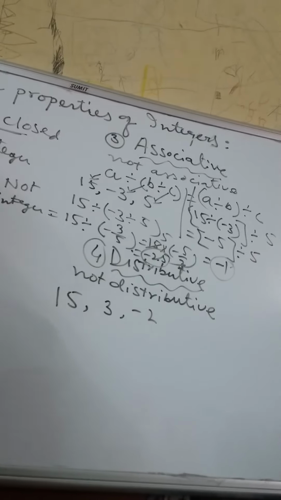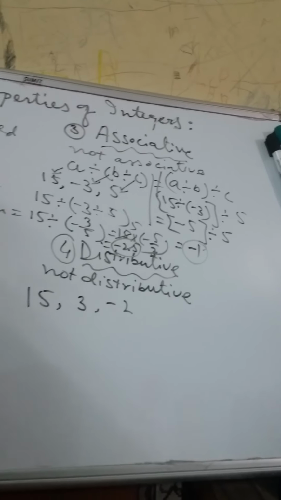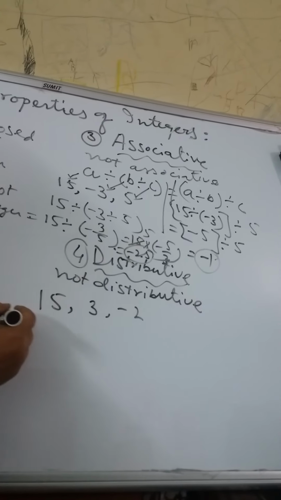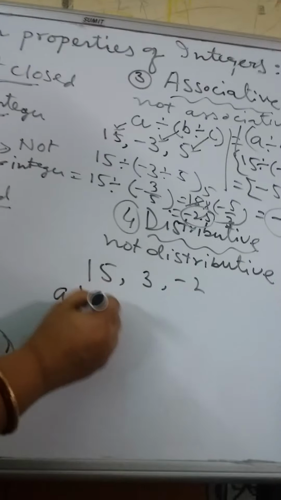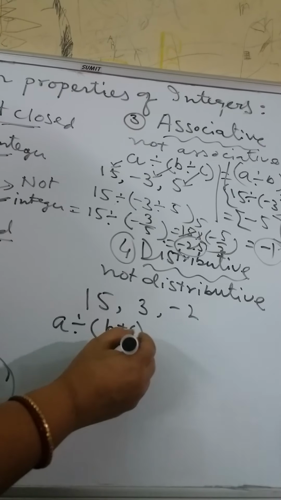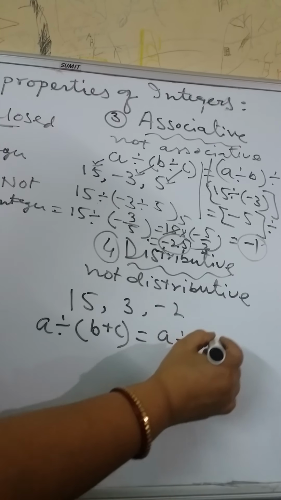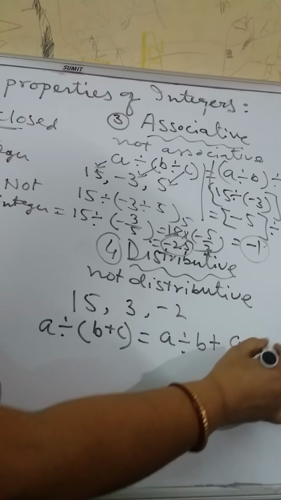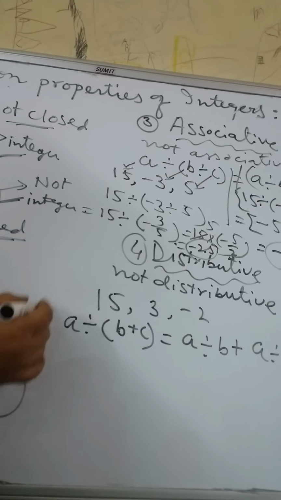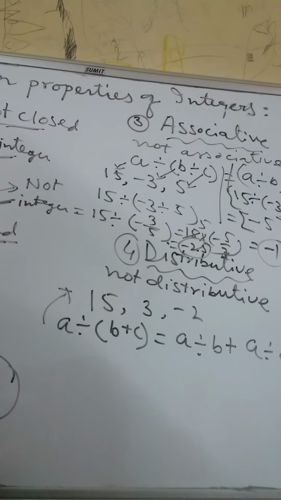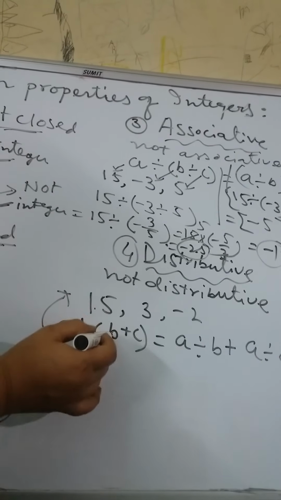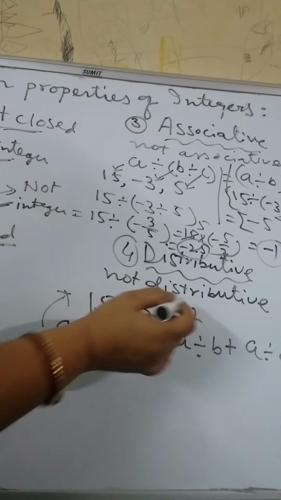Now, if it had been true for integers, then what will be the relation? a divided by (b plus c) equals a divided by b plus a divided by c. Let's check for this, where a equals 15, b equals 3, c equals -2.